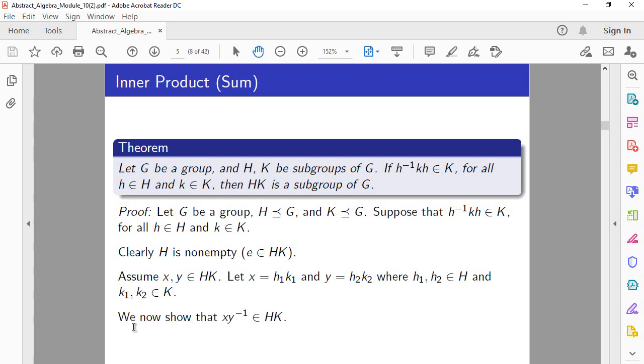So what we want to show is that XY inverse is in HK. And if we can do that, then the subgroup test 2 that we proved earlier will tell us that HK is a subgroup of G. So now the goal is to show that X times Y inverse belongs to HK.